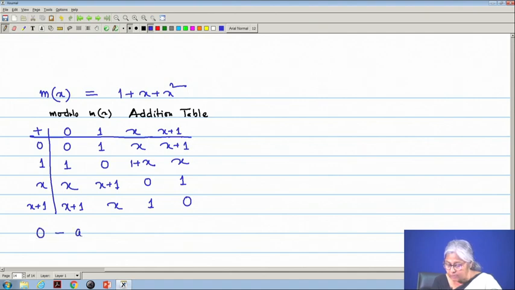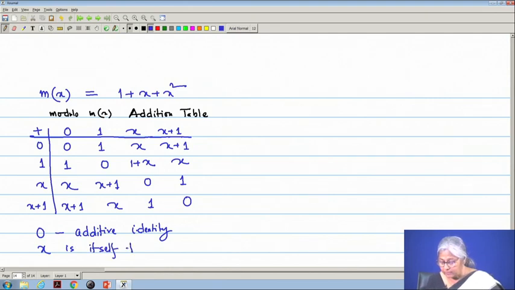So, 0 is the additive identity and x is itself the additive inverse, the additive inverse of x.